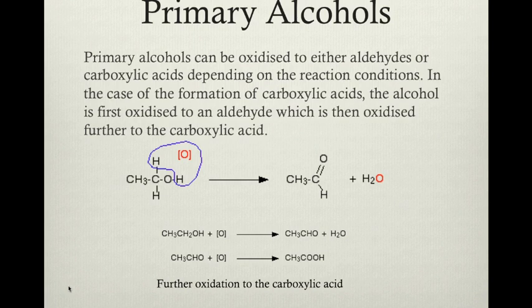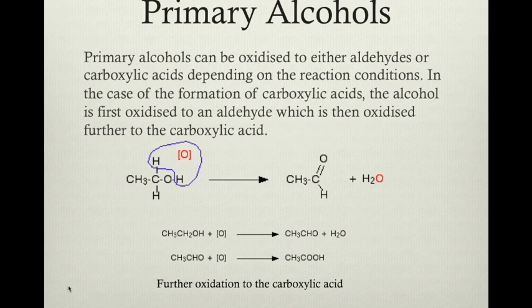You'll see that on the carbon that has the OH, there is an H above it and below it, and a CH3 to the left, naming it by its longest carbon chain. There's two. It is ethanol.